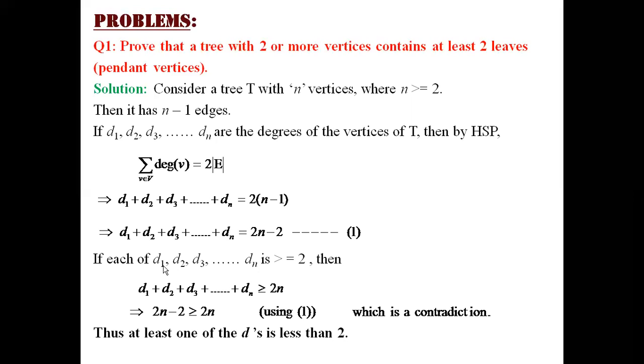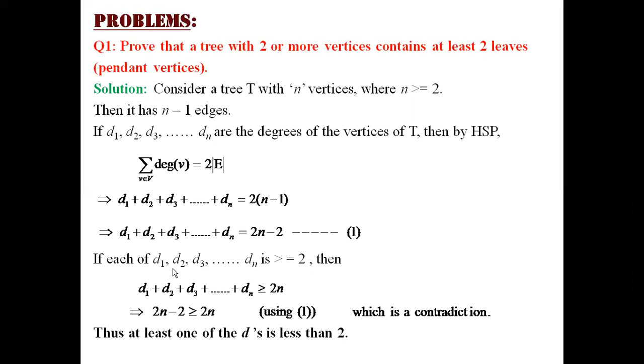We assumed that D1, D2, D3, etc. are the degrees of all the vertices, each greater than or equal to 2, because we have to prove that there are at least two leaves, two pendant vertices, in the tree. That means degree equal to 1. There are two vertices whose degree is equal to 1, which has to be proved.